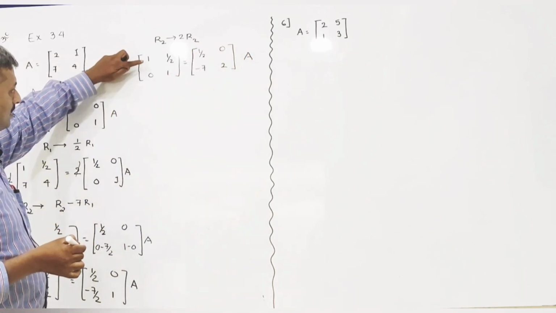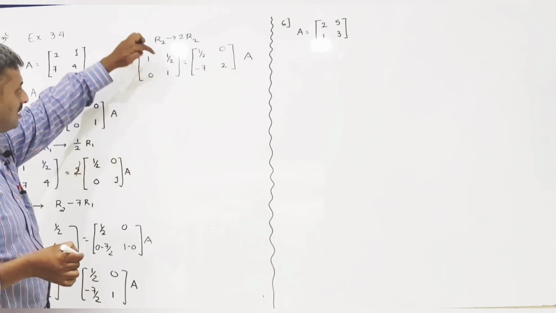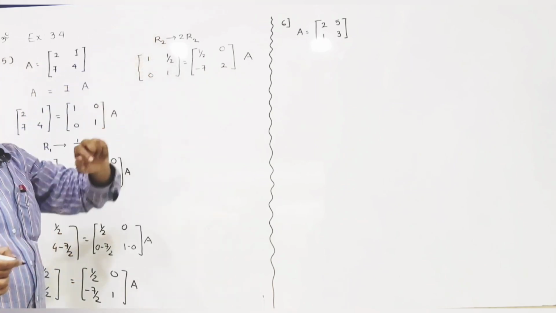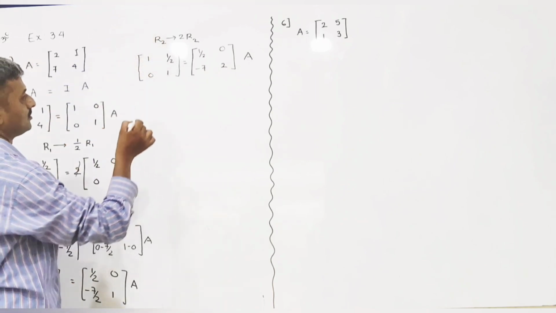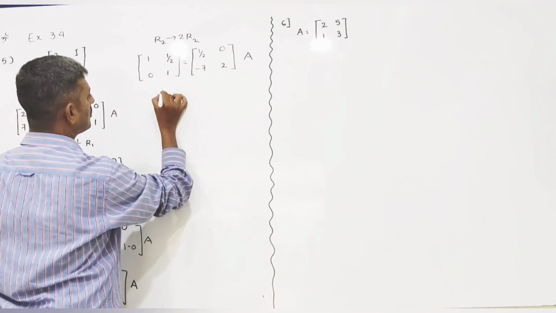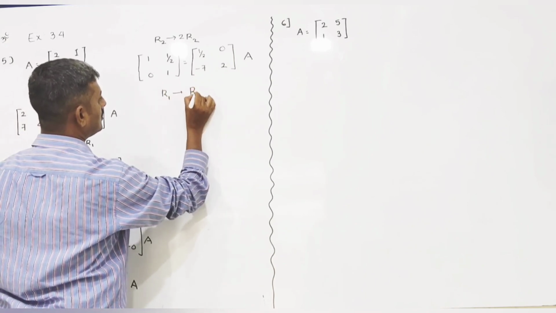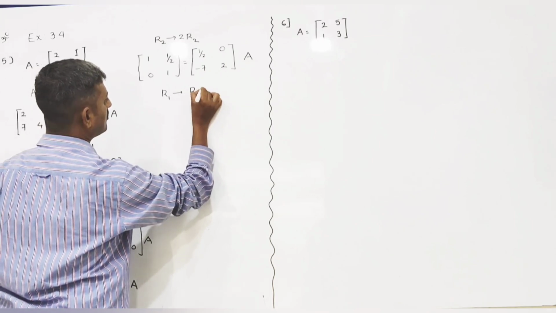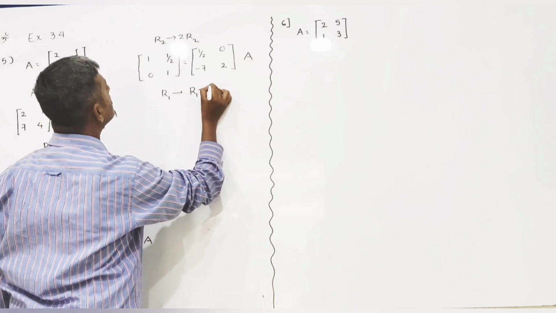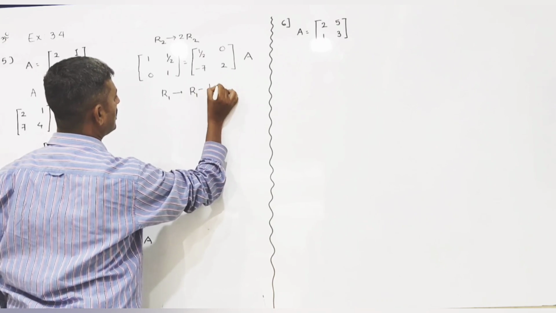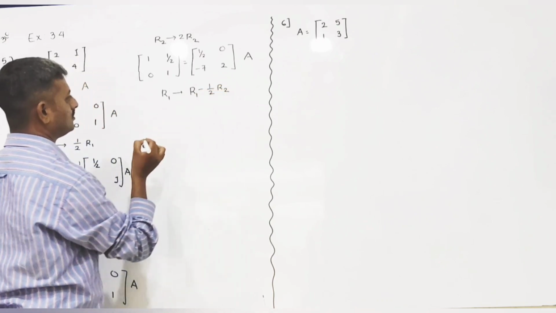Now 1 is there, 0 is there, 1 is there. Now I want here half. So row 1 minus 1/2 R2.